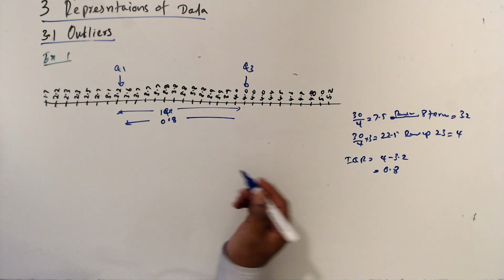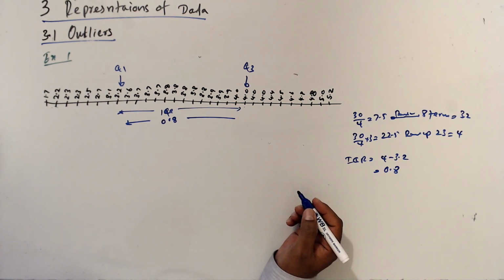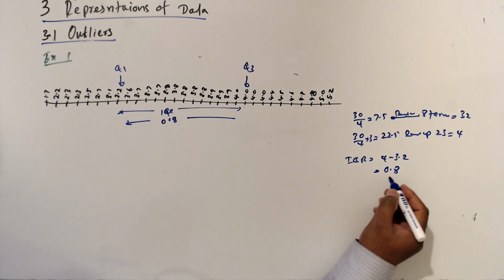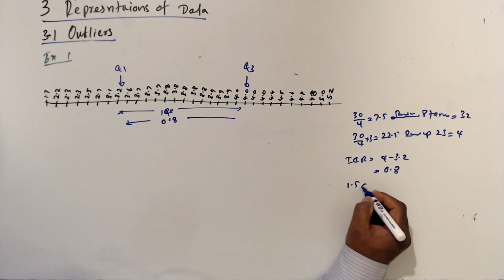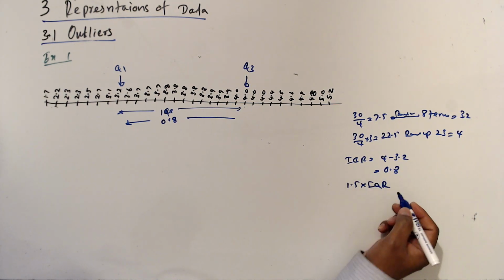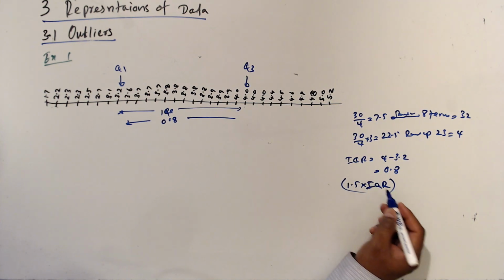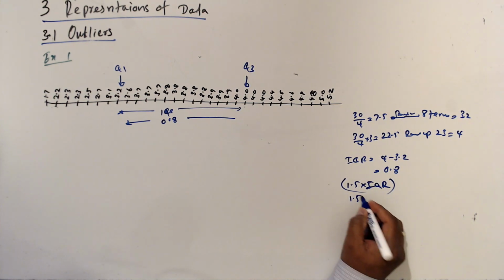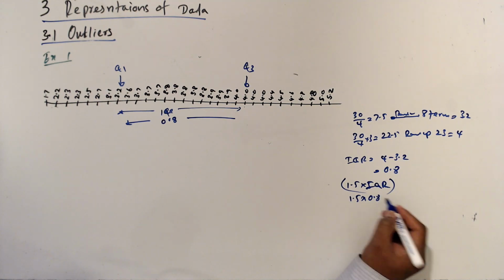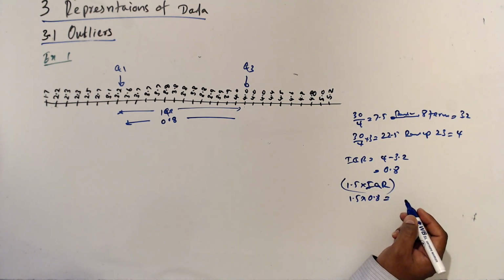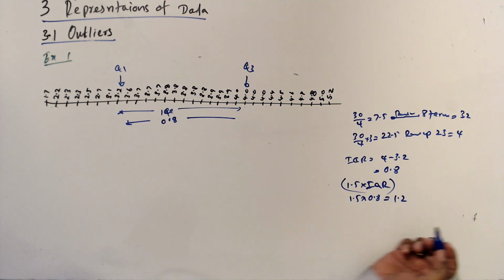Now I want to find the outliers. It means 1.5 of IQR. I want to calculate this value. So 1.5 times 0.8, this is going to be 1.2.